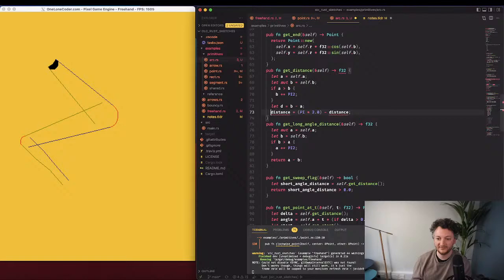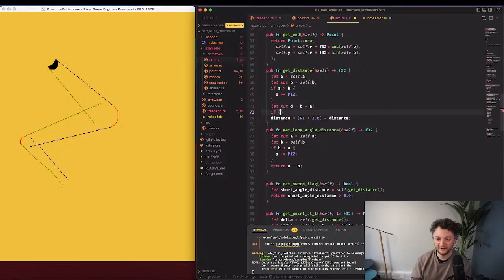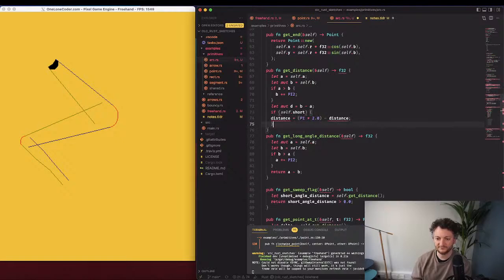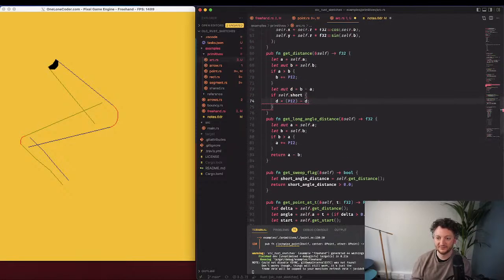Let D, and that D is going to be mutable if self.short. Oh no, short. D equals pi 2 minus D. And then we're going to return D.